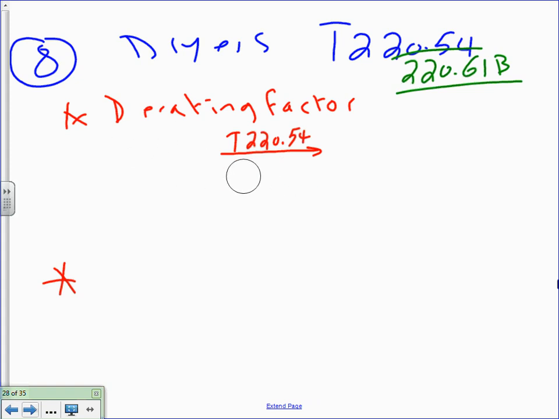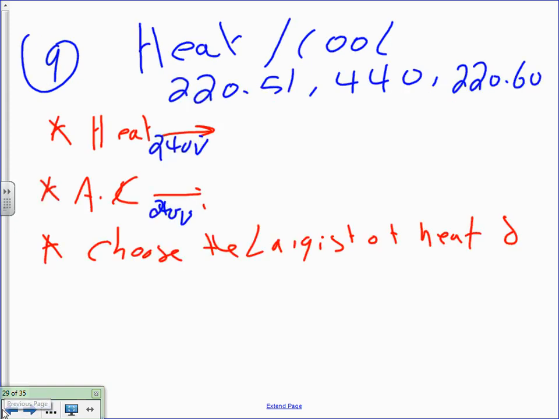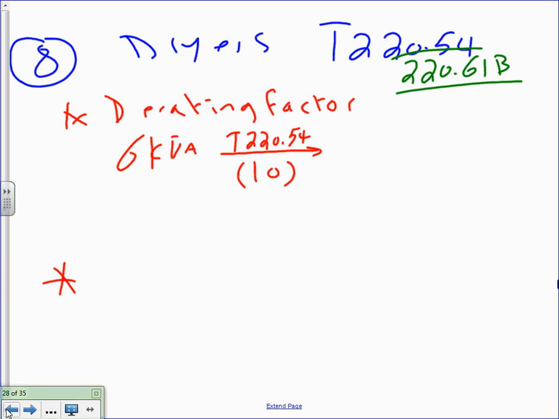So let's do 6 kVA for 10 of them. What's my multiplier here, the derating factor for 10? 50%. Okay, so my derating factor is 50%.